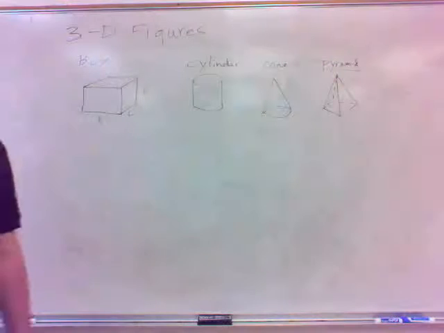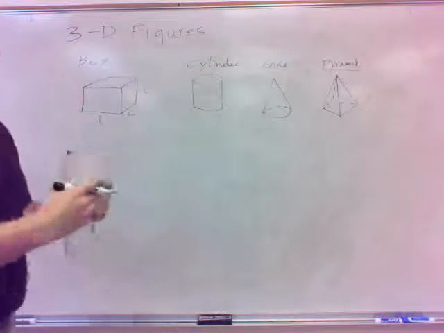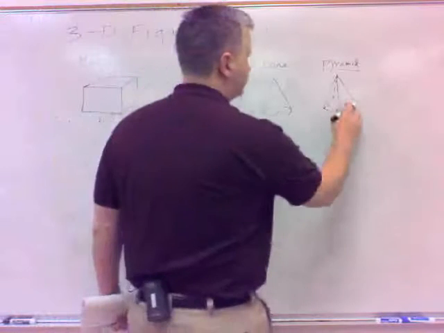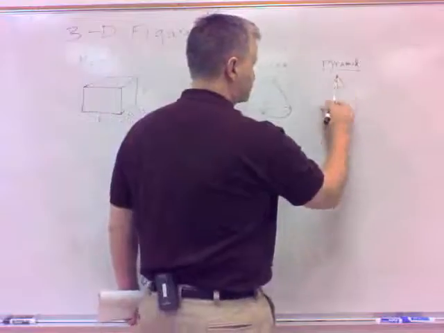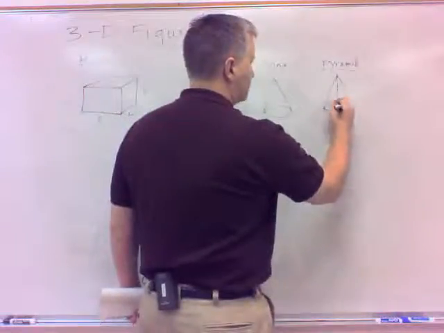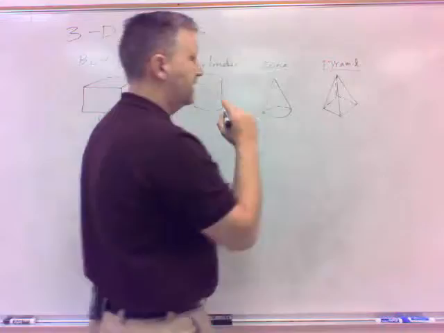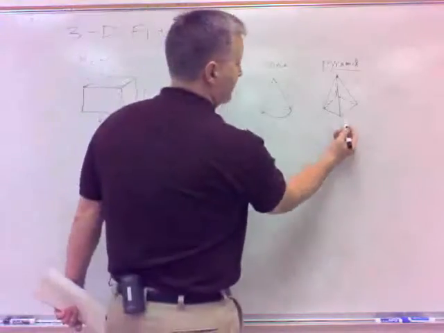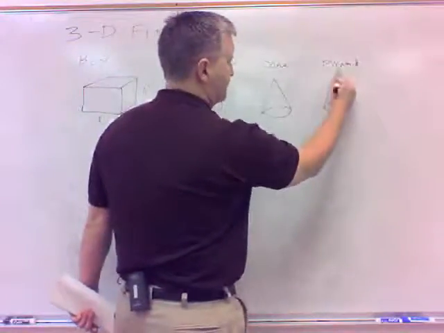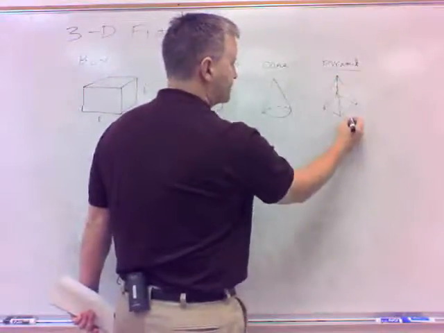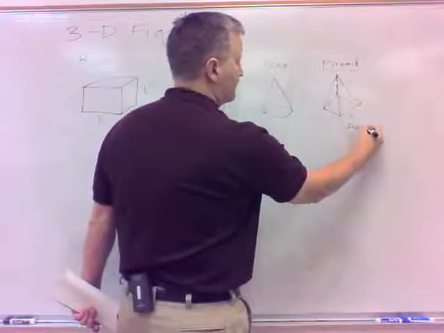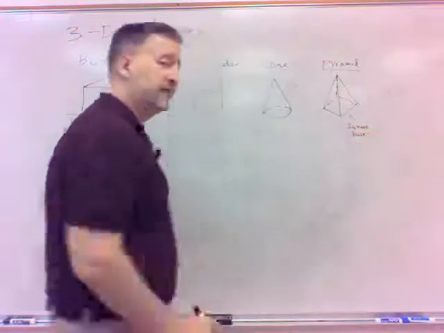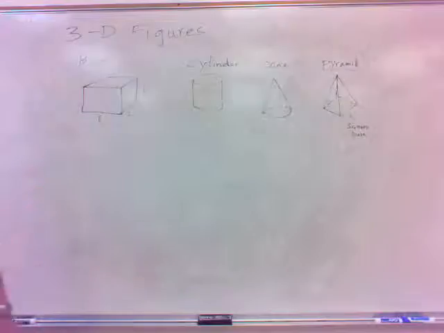But the thing about pyramids is the base can change up. The shape of the pyramid: of course, you always have the triangles for the sides, but in the Great Pyramids, in that example, we've got a square base, but really any polygon can be the base to a pyramid.